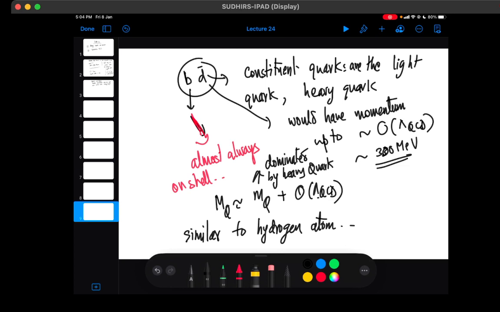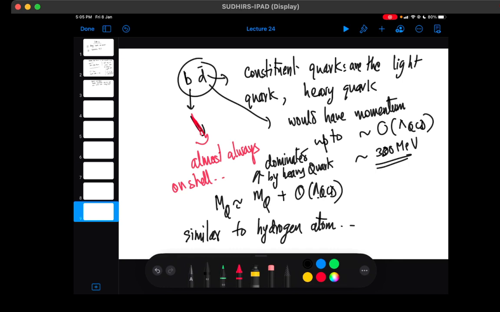Because it is a very heavy meson, it's almost like it cannot really move. So whatever virtual momentum they can take, or the off-shellness beyond their mass shell, would be of the order of lambda QCD.